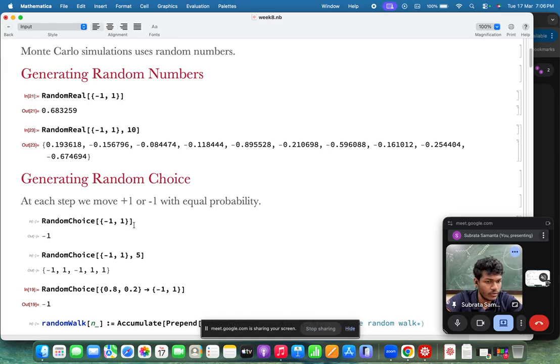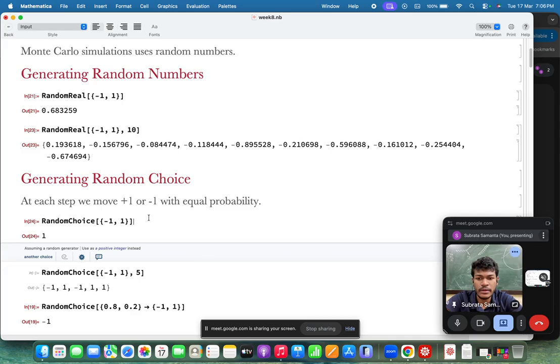This is not a range; these are the allowed values. If you call it, this is 1, next time -1, third time 1, fourth time -1, because of equal probability. Both have probability half.